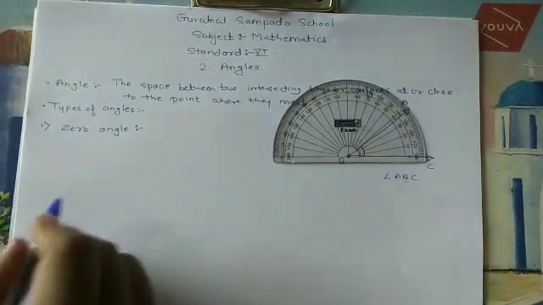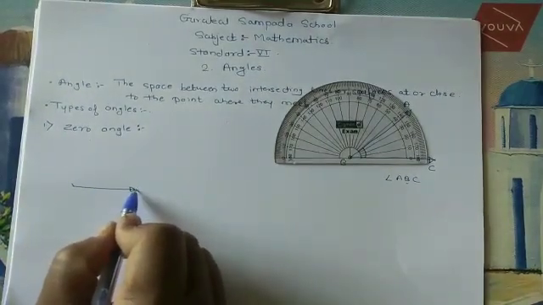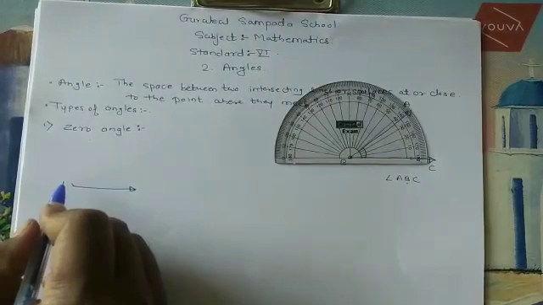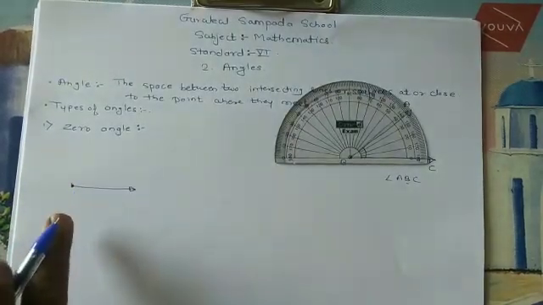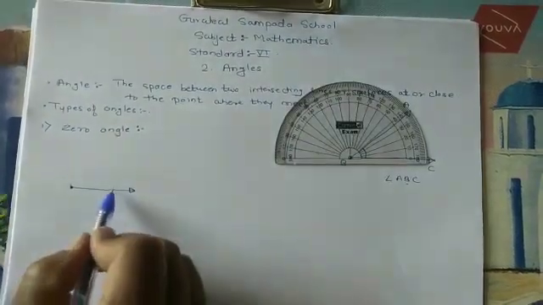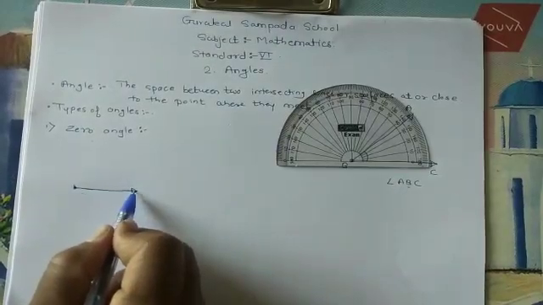Zero angle means what? If I draw a simple ray like this. Okay, suppose these two lines are there, actually this is one line. Now I kept another line over here. So what is the angle formed?